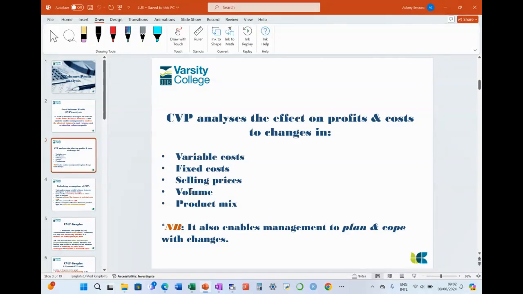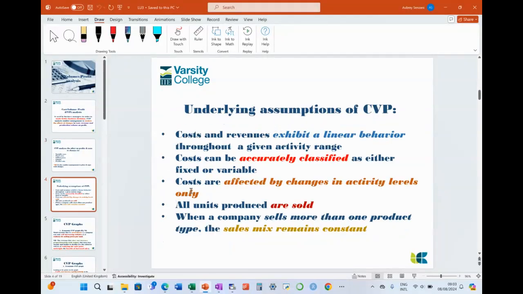Then CVP analyzes the effect on profits and costs of changes in variable costs, fixed costs, selling price, volume, product mix. We never spoke on product mix in 2A, okay? It also enables managers to plan and cope with changes. Then underlying assumptions, this is more of a recap.